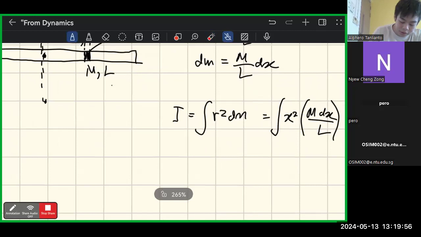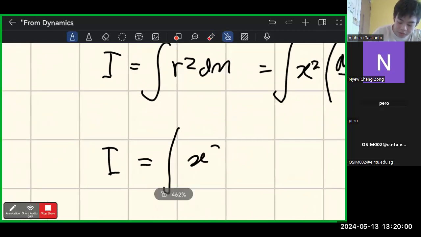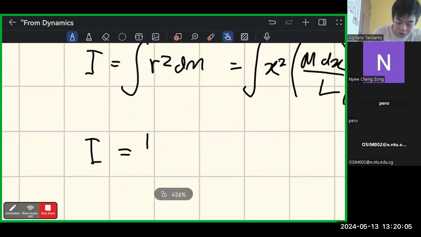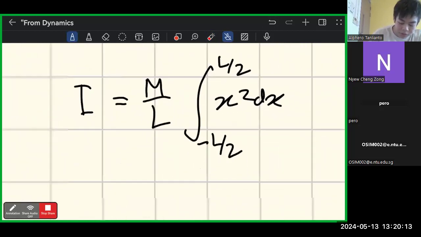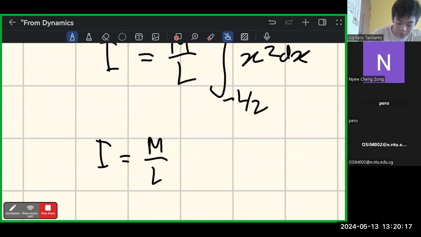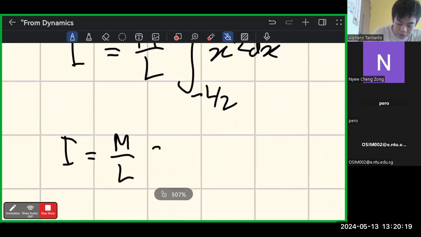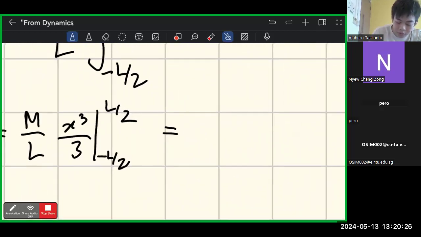So we can take out the m over L because it's constant out of the integral. Integration of x squared dx from negative L over 2 to L over 2. So the moment of inertia is m over L, x to the power of 3 over 3 from negative L over 2 to L over 2.